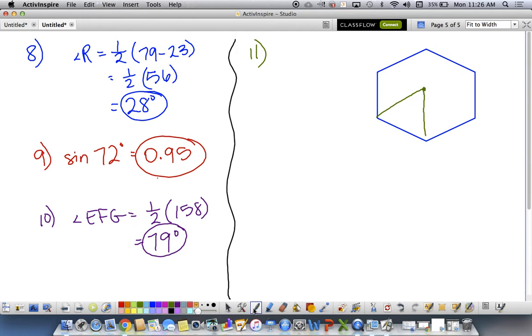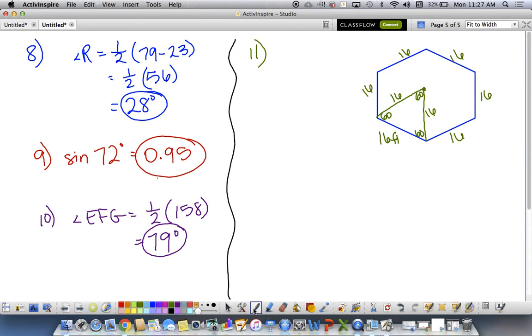congruent, equilateral triangles inside. And if all of these are 16 feet all the way around, okay, and I just told you that these were congruent equilateral triangles. There is something special about them, okay?